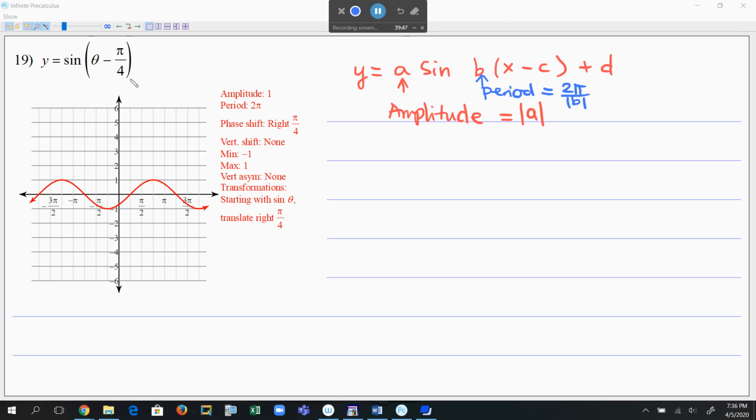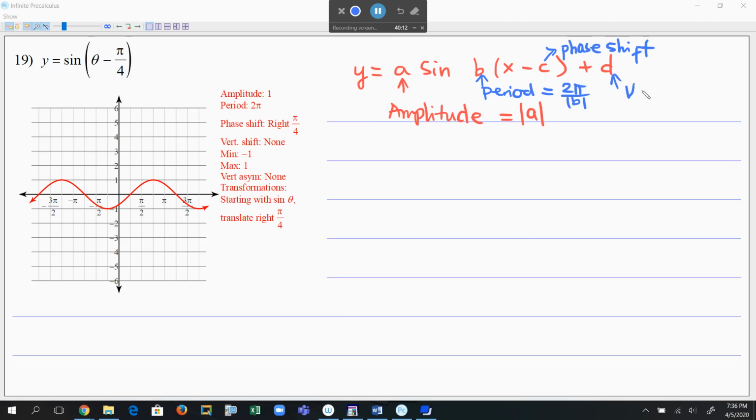And we do have a phase shift. In this case, we shift it to the right. C is our phase shift, and if C is positive, then we shift to the right. So in this case, we shift to the right by pi over 4. And we don't have a vertical shift.